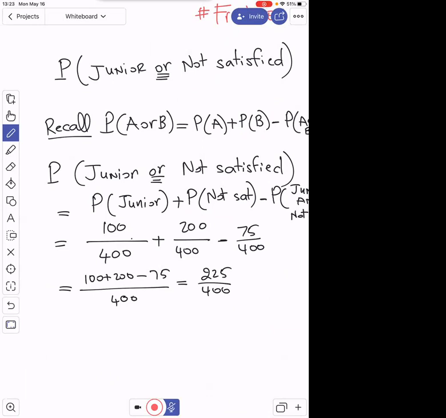Or of course, if you don't want to add the fractions, you can just do 100 over 400.